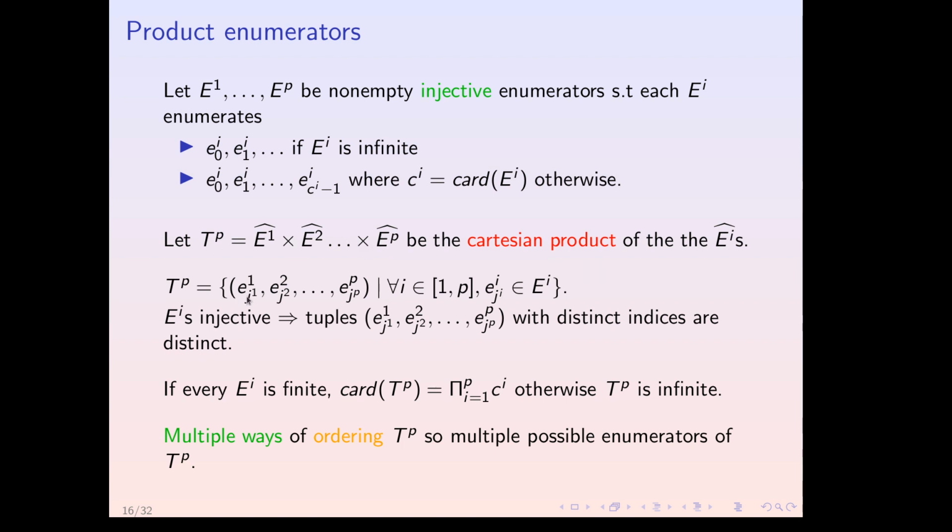TP contains tuples of length P, and each tuple contains an element of each sequence. If all the Ei are injective, then the tuples with distinct indices will be distinct. And if every Ei is finite, the cardinal of the Cartesian product will be finite, otherwise it's going to be infinite. There are multiple ways of ordering this Cartesian product TP, so multiple possible enumerators of TP.